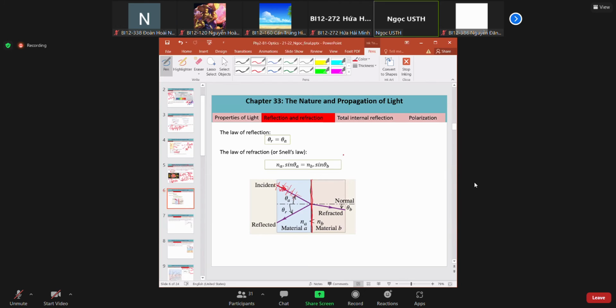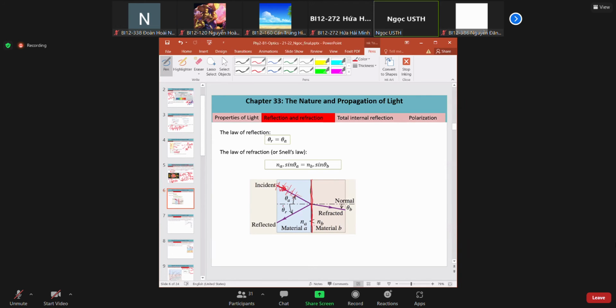So first, the law of reflection. Here is the law. They said that the incident beam, or incident ray, comes to an interface. If it's reflected, the angle of the incident beam with the normal will be the same as the angle of the reflected beam with the normal.